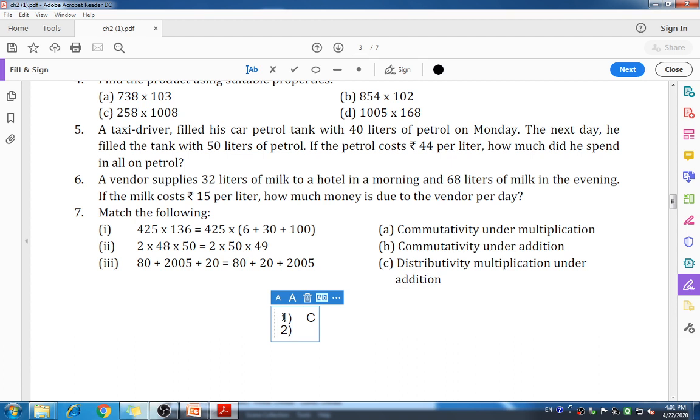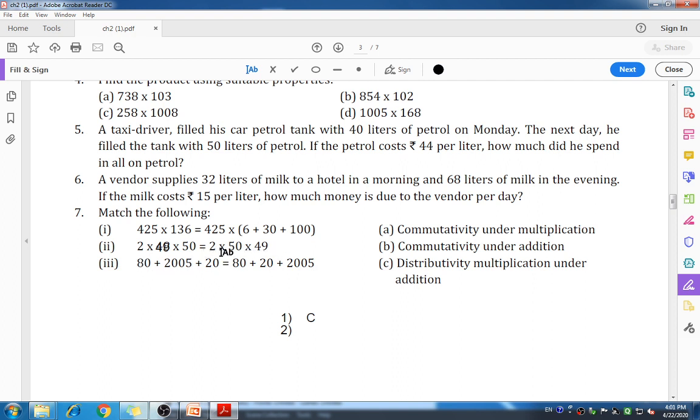Here all operations are multiplication, so we have to use commutative under multiplication. Look at the second example, there is 2 into 48, but we have to write 2 into 49. Look carefully. Instead of that we have to write 49, is equal to 2 into 50 into 49.